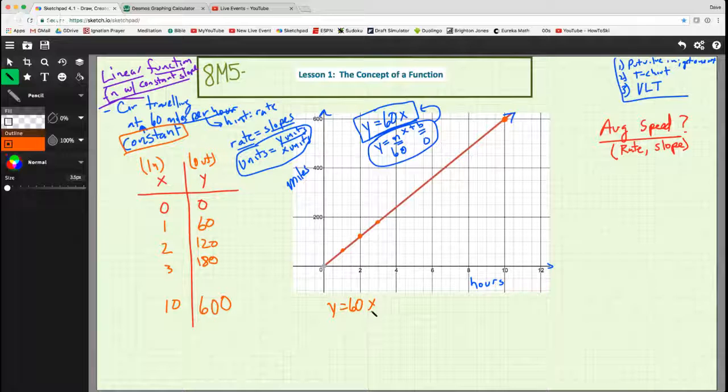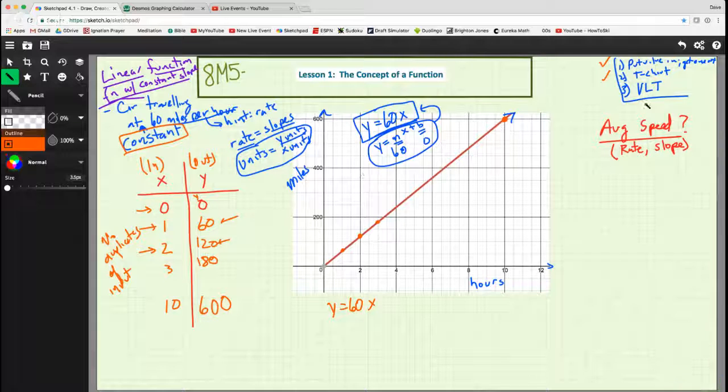We put in a 0 for x, and we get out a 0 for y. If we put a 1 in for x, we get out a 60 for y. If we put a 2 in for x, we get out a 120. There's no duplicates of our input. Any input gives us exactly one output. So that satisfies put in a value, get out a value. We can put it in a t-chart with no duplicates.